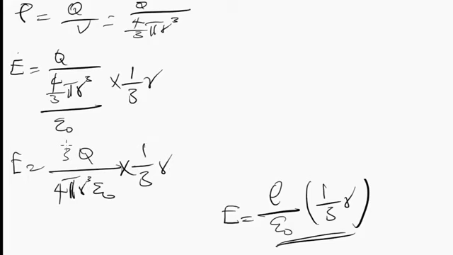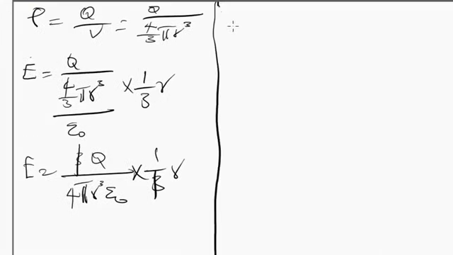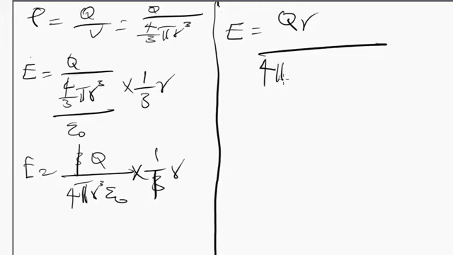Alright, at this point I can cancel off my 3 here with 3, and then if I multiply these out, E is equal to Q times R over 4 pi E naught R cubed.